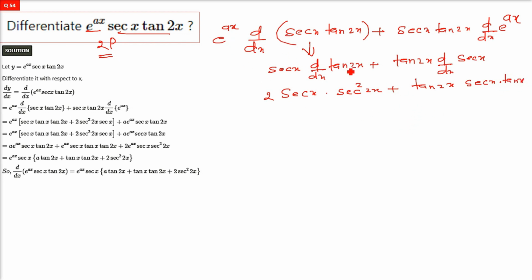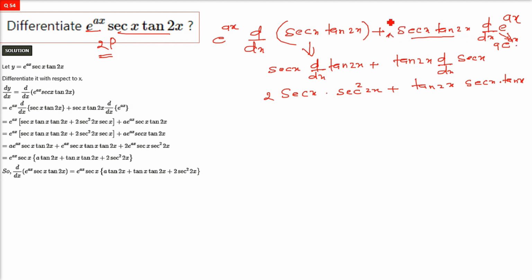So this is just the differentiation of sec x tan 2x. Now we have to multiply this whole with e raise ax. Alright. And then we have another term also, which is plus sec x tan 2x d by dx of e to the power ax. So let us write it here. I am just now putting the differentiation of sec x tan 2x along with all the other terms. And what is the differentiation of e to the power ax? It is e to the power ax, and differentiation of ax will give you a.